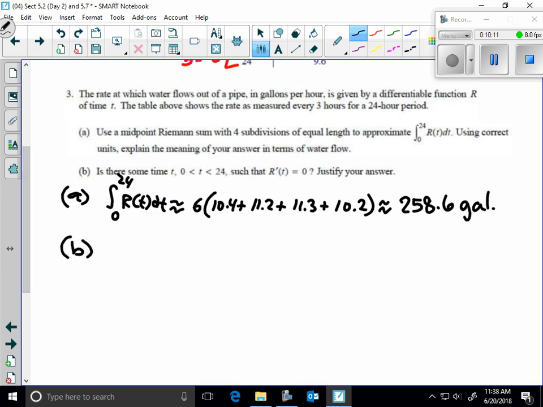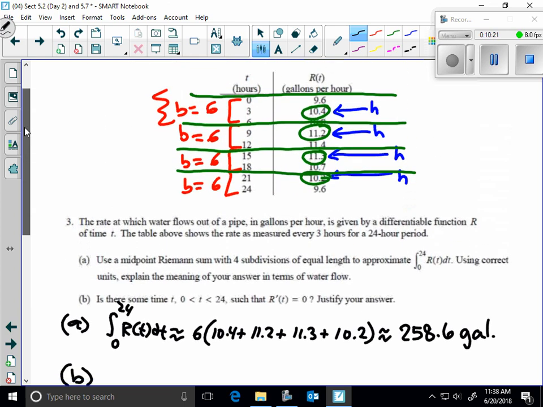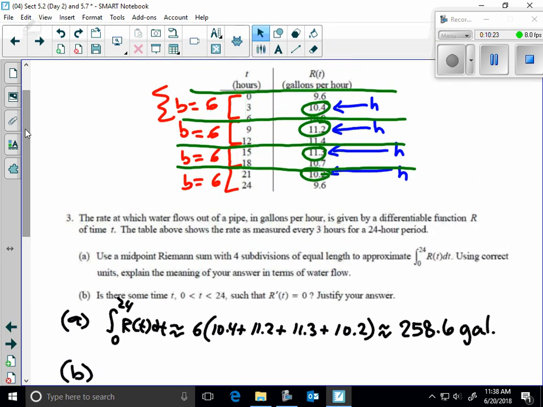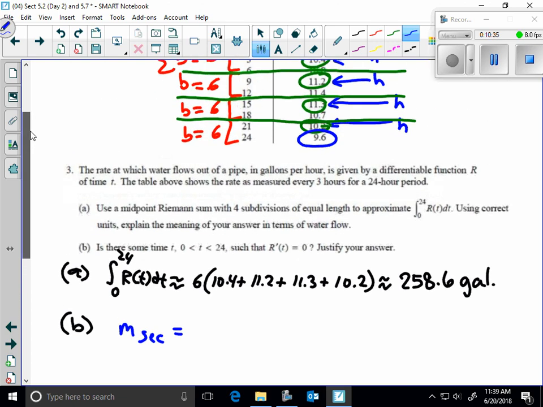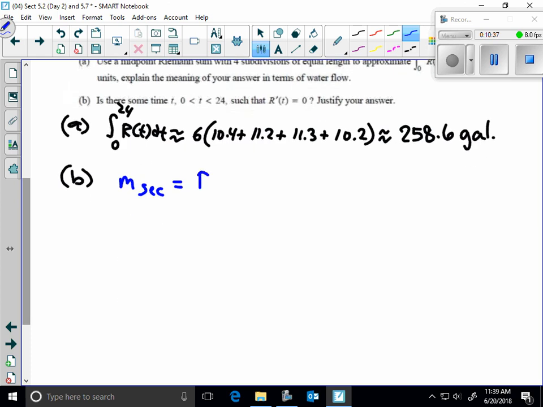Is there some time t between 0 and 24 such that r of t has to equal 0? Justify your answer. Okay, I would say yes. And the reason I would say yes is because if I find the slope of the secant line on this interval, the slope of the secant line on this interval would equal r of 24 minus r of 0 over 24 minus 0.